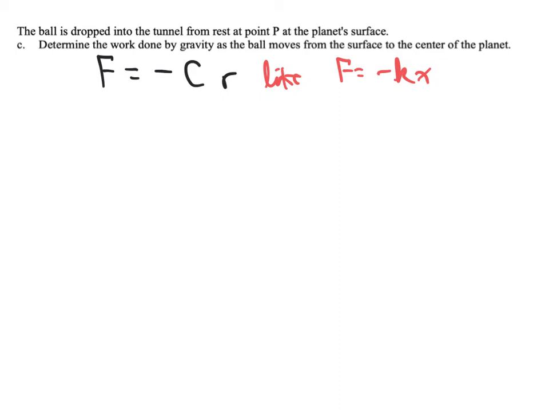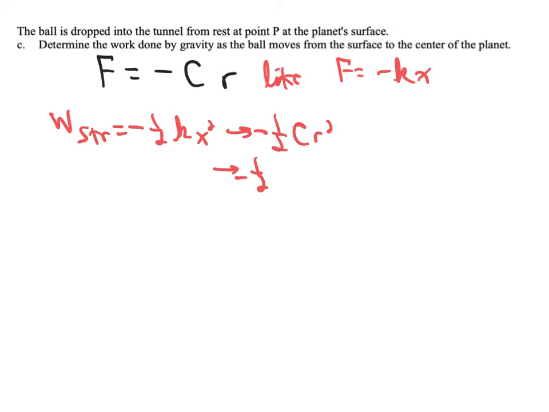And we know that the work in stretching a spring is 1/2 kx squared, or for this case, 1/2 C r squared. At max, the spring does negative work, so we get 1/2 C capital R squared to stretch it outward.